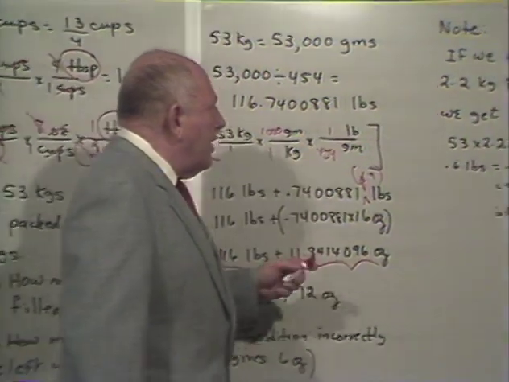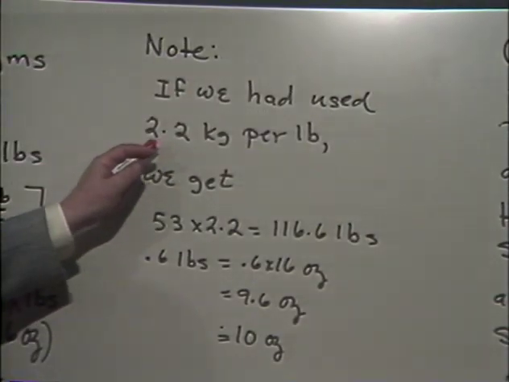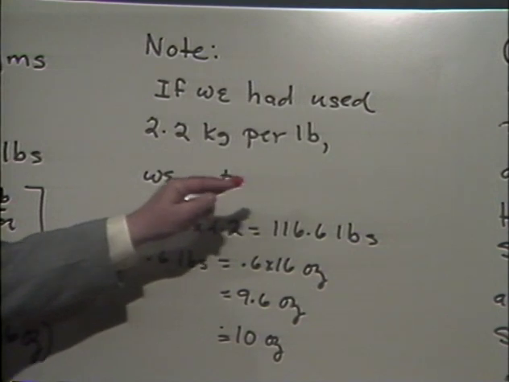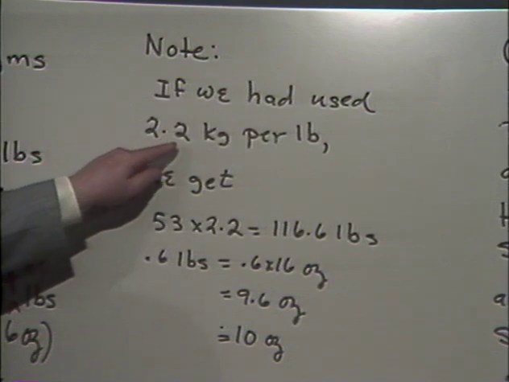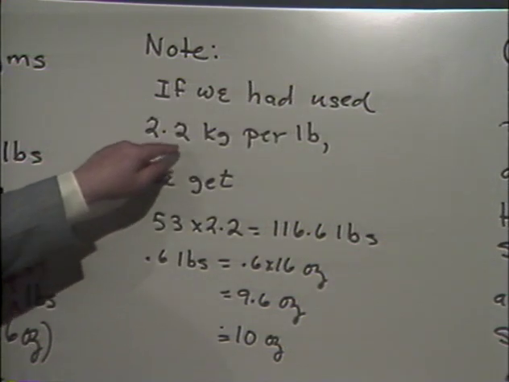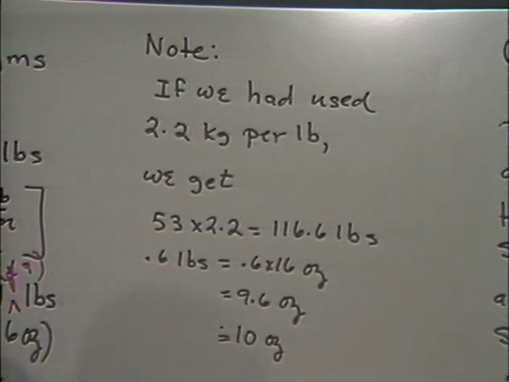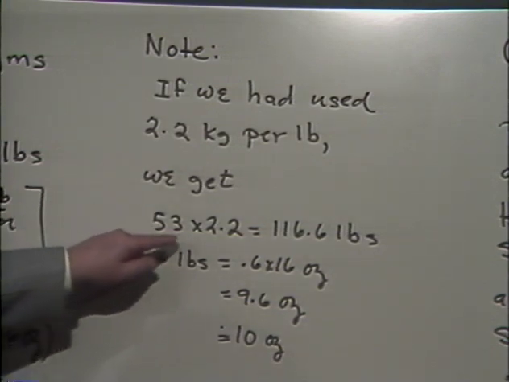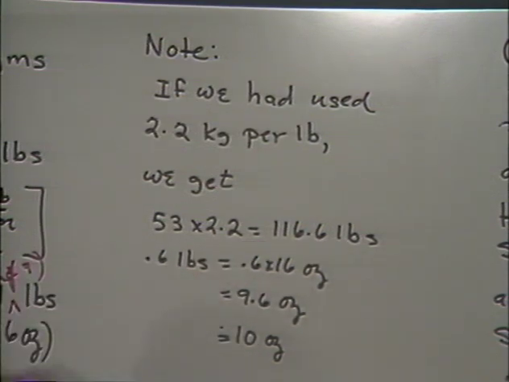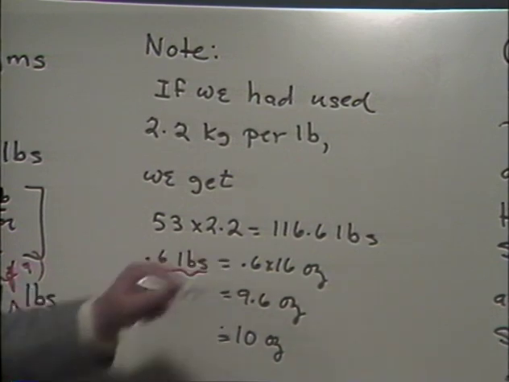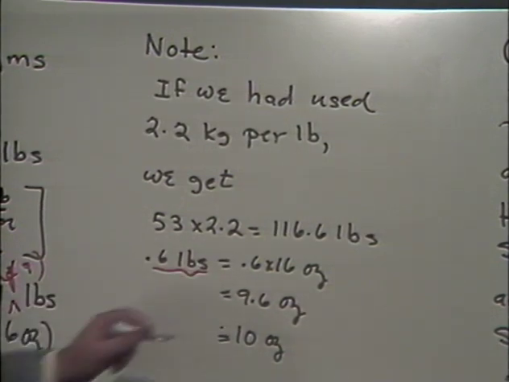And by the way, many books tell you that there are 2.2 pounds per kilogram. If we had rounded off that way, it wouldn't have been a gigantic error. But you see, 454 grams per pound doesn't come out to be exactly 2.2 kilograms per pound. If we had rounded off to 2.2, the problem would have been easier, because now we would have had what? 116.6 pounds. 6/10 of a pound is 6/10 of 16 ounces. 6/10 of 16 is 9.6.